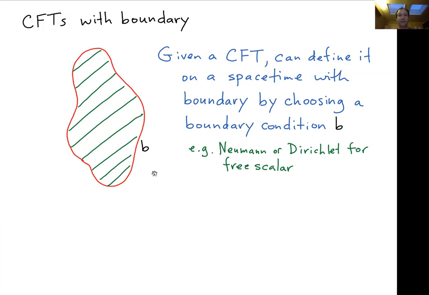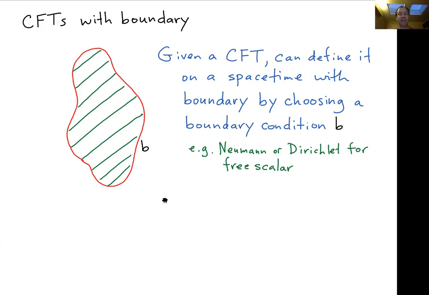So if you had your CFT defined on a half space, and then you chose the right boundary condition, then that theory would continue to have scaling invariance and some part of the original conformal symmetry. More precisely, it's the conformal symmetry that a theory in one less dimension would have.